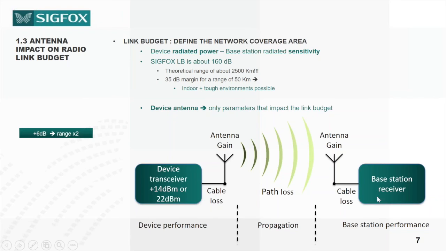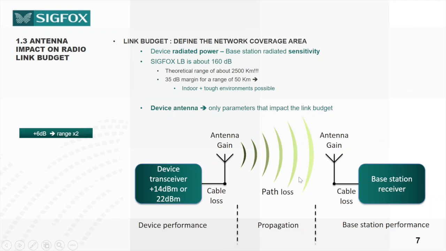And on the right hand side we have the base station. The base station has a certain radiated sensitivity, which is fixed, this is like the network, so this part is fixed. And between the transceiver and the base station, we have a link budget for SIGFOX that is about 160 dB. So this is a lot.